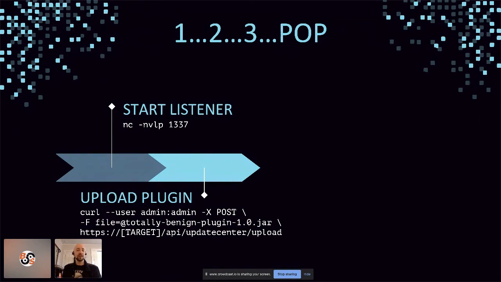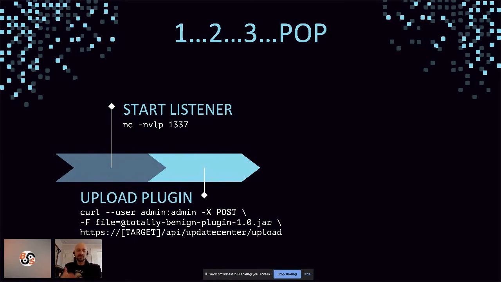All you need to do is use the user flag with the username and password to log into the SonarQube instance, set the method to post, use the form post flag to make sure that you're uploading the file with this file label to make sure that it gets there. And the @ in front of this will make sure that it actually uploads the jar file instead of just sending the name of the file.